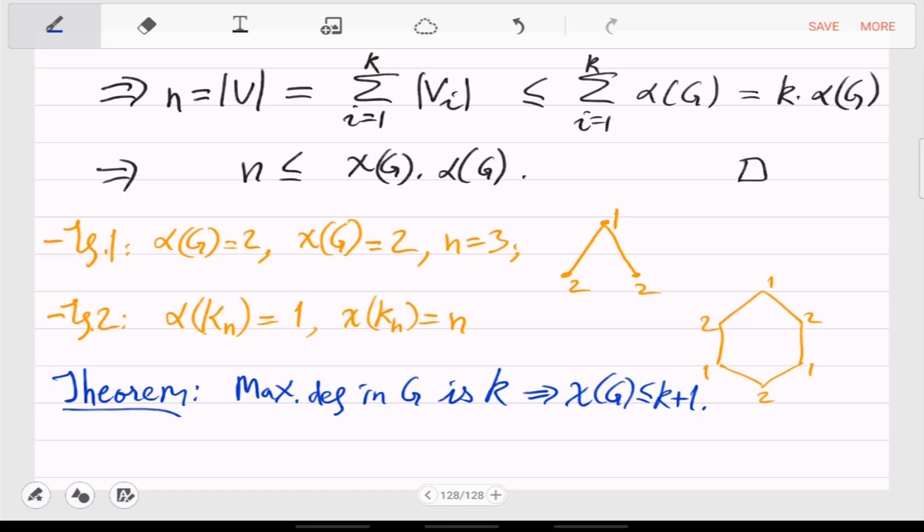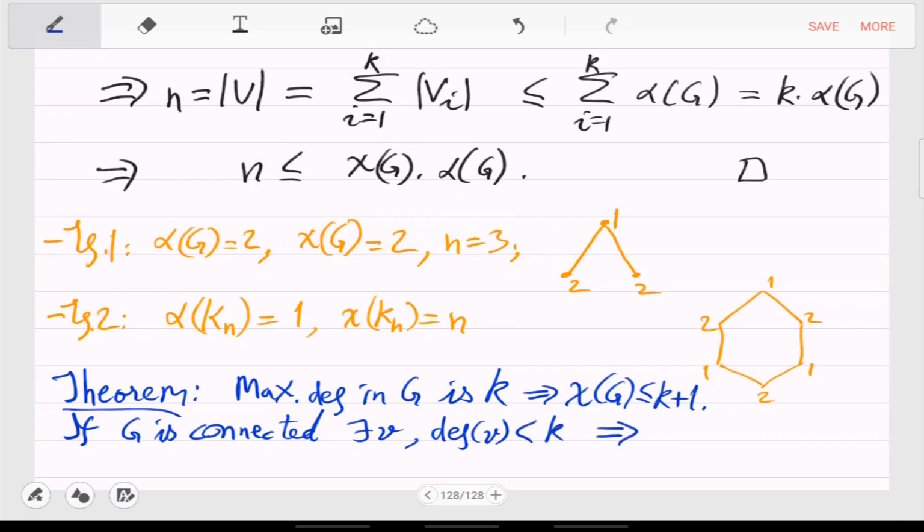And moreover, if G is connected and there exists a vertex in G with degree less than k, so the maximum is k, but there is at least one vertex where it is k minus 1 or less, so the maximum is not achieved and the graph is connected, in that case the chromatic number is smaller.